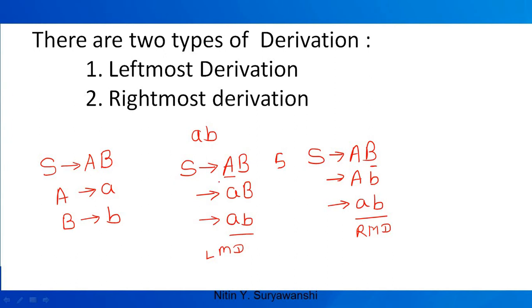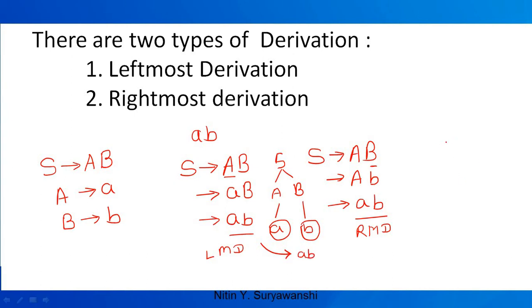So this is S, then from S I derive A and B, then A is replaced with small a and B is replaced with small b. So these leaf nodes are my product, and when I read left to right, I get the string ab.